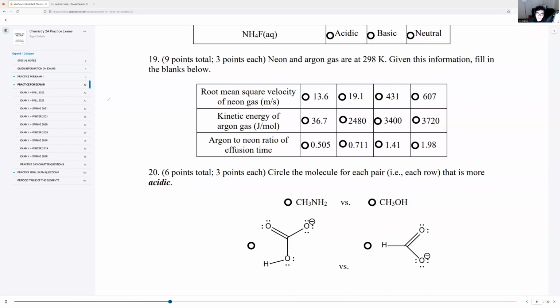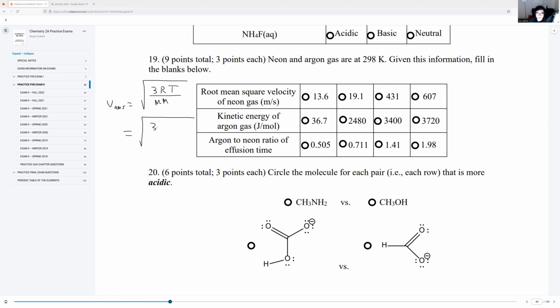The root mean squared velocity is going to be this formula: you take the square root of 3RT over M, where R is 8.314, T is the temperature in Kelvin, and M is the molar mass in kilograms per mole.